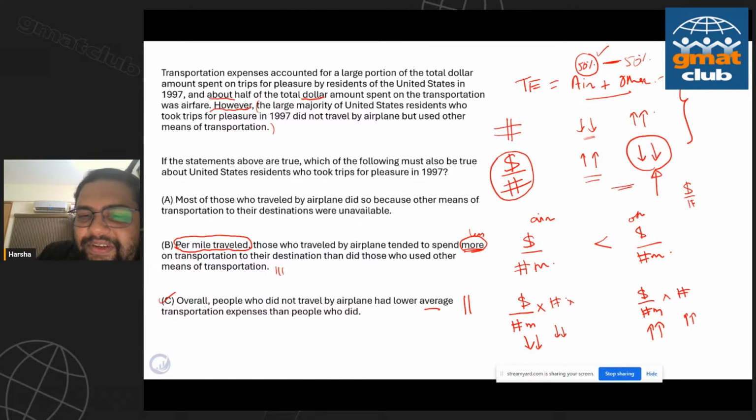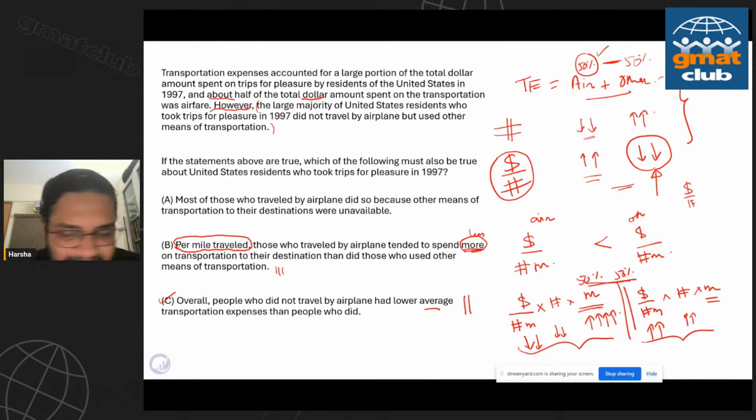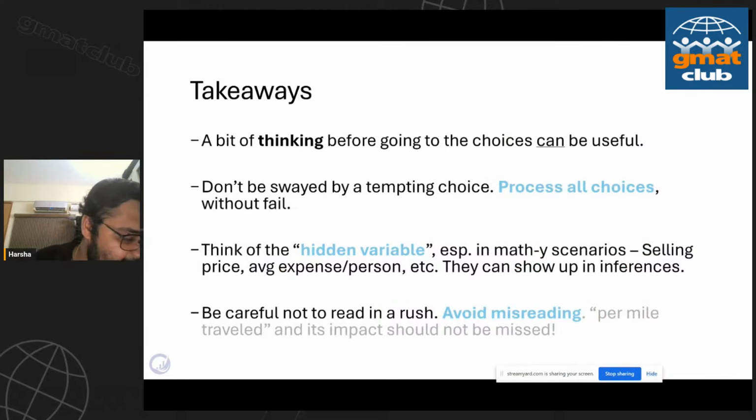But what if the total miles traveled, the distance factor, is ridiculously high for air, such that you have a 50% contribution? Is the logic clear for anyone who chose choice B? I'm not saying you have to play around with units, but understand what we can learn from a question like this. Let me know if it's clear.